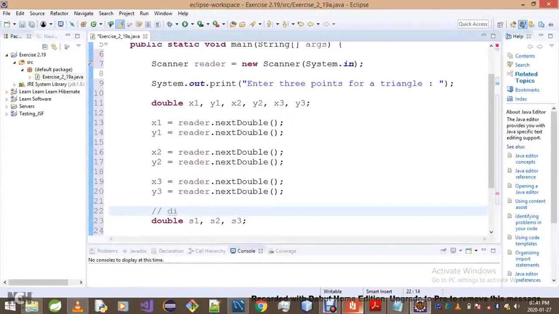The distance formula is given as the square root of x2 minus x1.